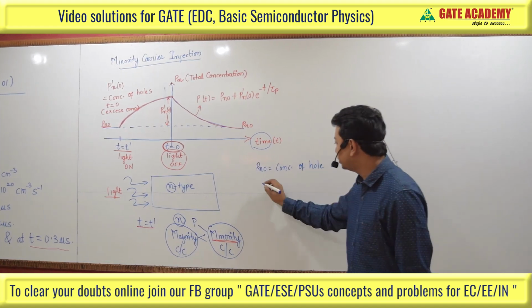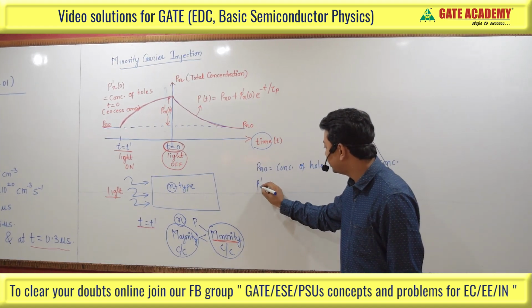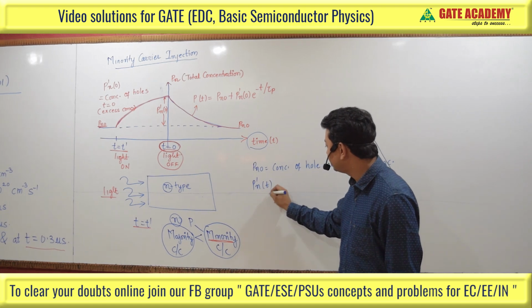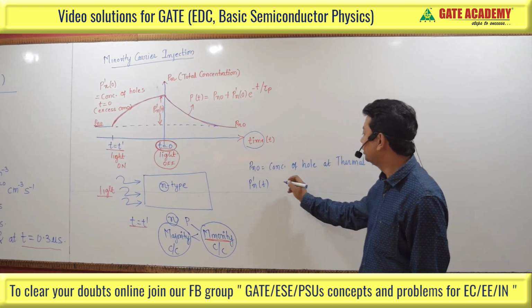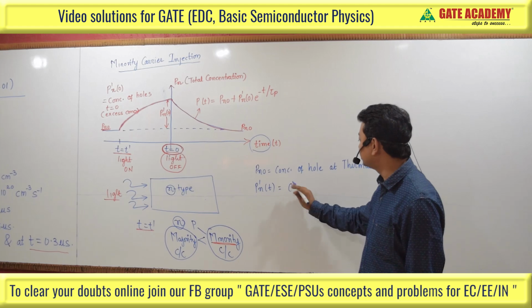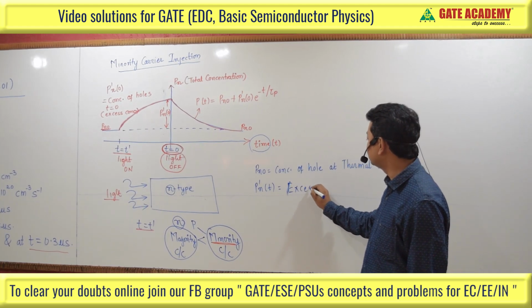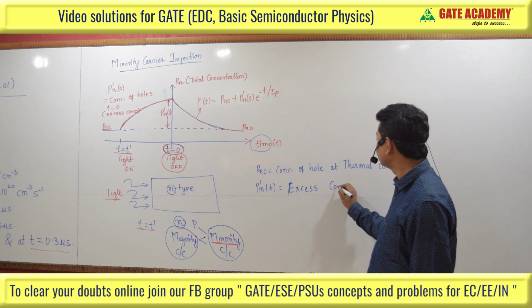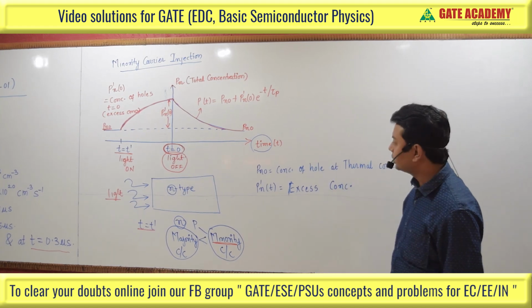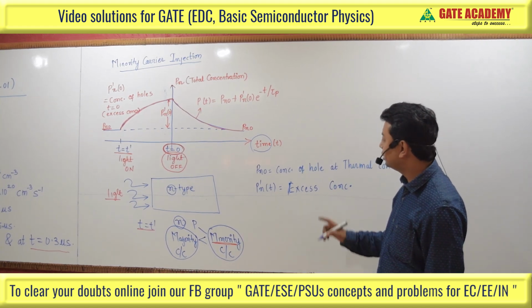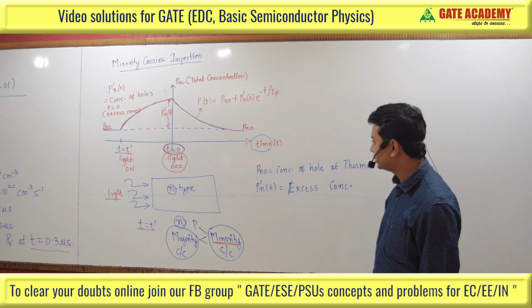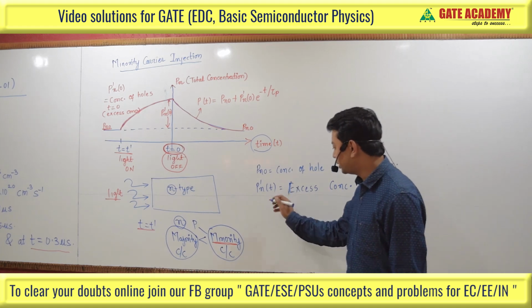And the second one is p'n(t), and this is the concentration. We can write directly the excess concentration. This is the concentration of holes when light is illuminated. This is the excess concentration.